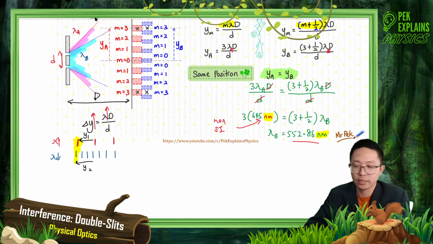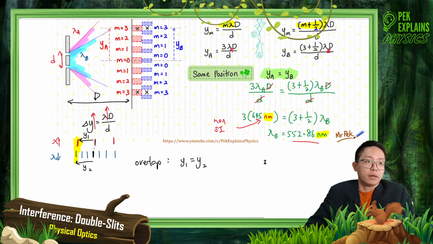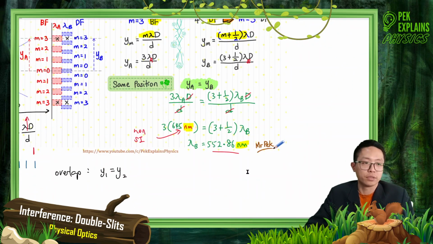When the question says about overlap, it means y1 equal to y2. This one is the central fringe. Okay. So that's the answer. All right. So see you in the next video.